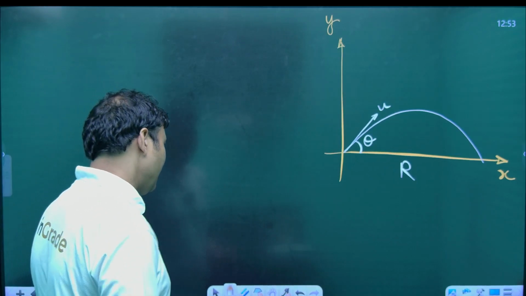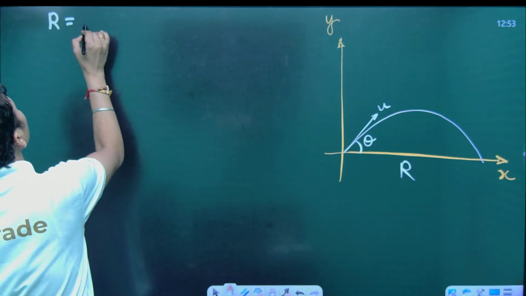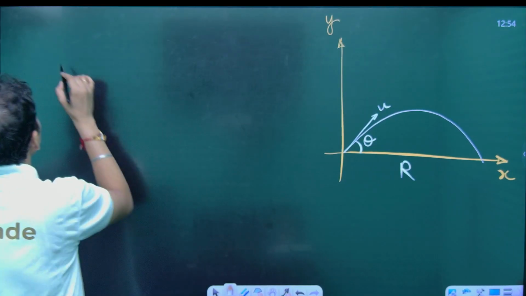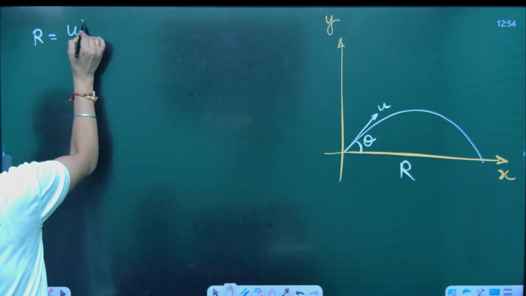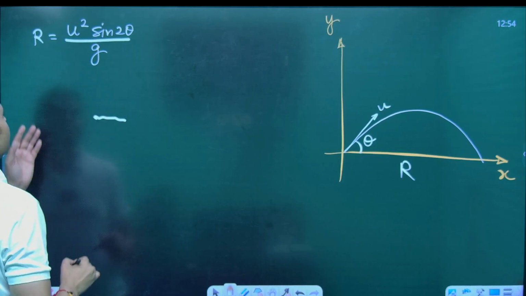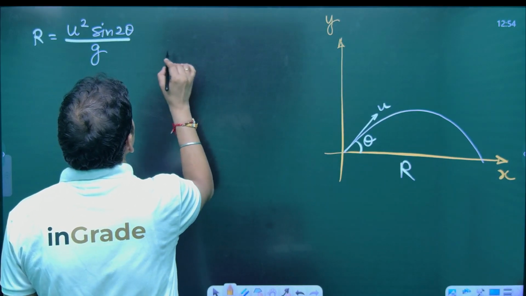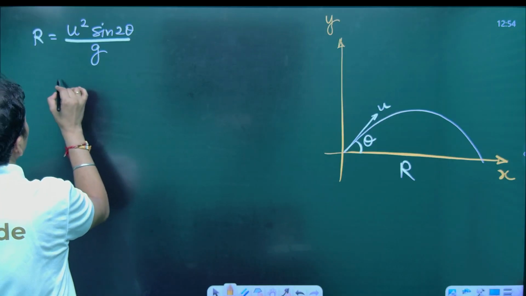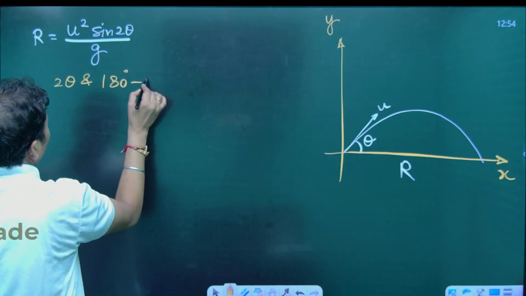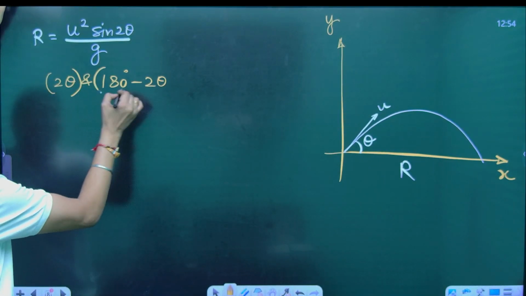This is the range. Now can you tell me, R is equal to U square sin 2 theta by g. Can we say that for 2 theta and 180 degrees minus 2 theta, sin of 180 degrees minus 2 theta is also sin 2 theta.